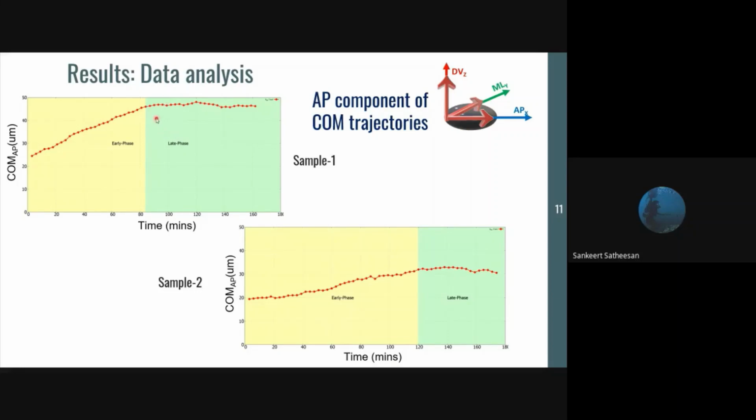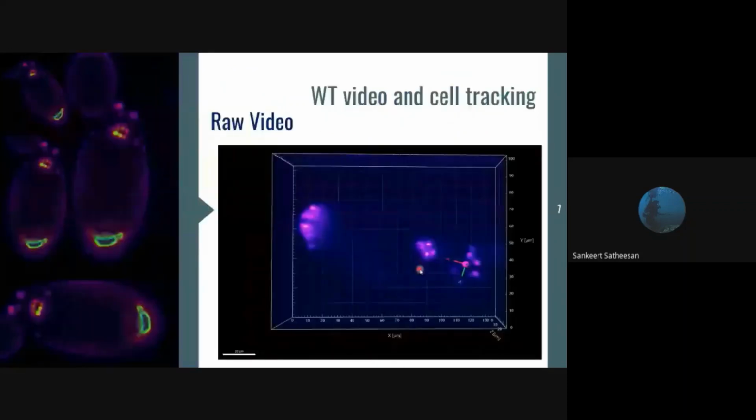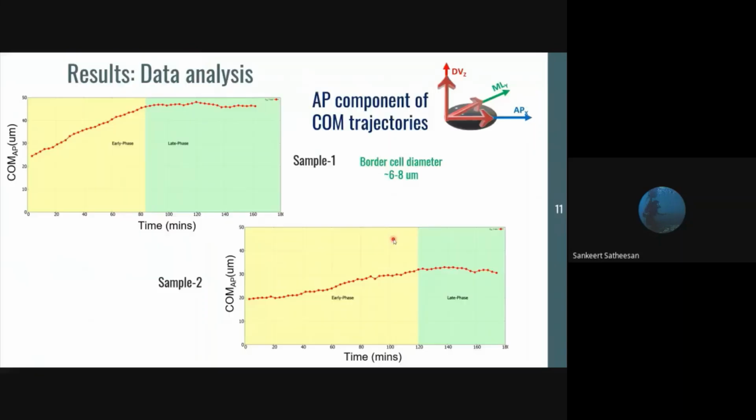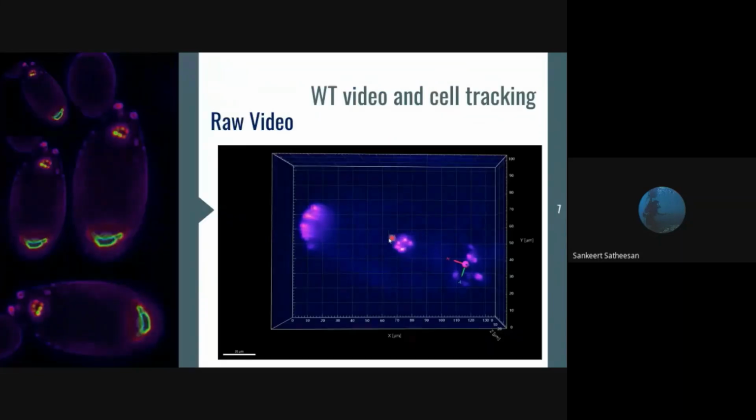Our definition of early and late phase is based on the point where there is no AP movement. Here you can see that the curve is steady after this point. In the video, the oocyte boundary also comes, and the cells then don't move that much.